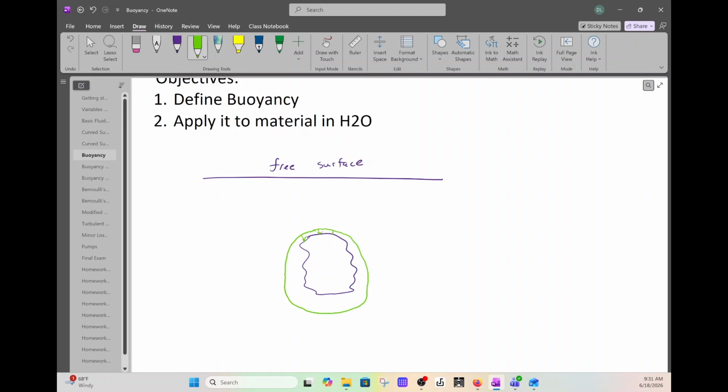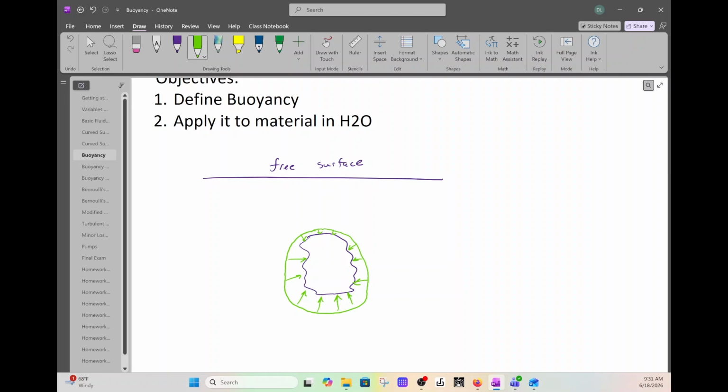The pressure distribution below it is higher. And typically with a beach ball, it's enclosed and there's air inside, and that air is a lot lighter than the surrounding liquid, which again creates that pressure distribution.